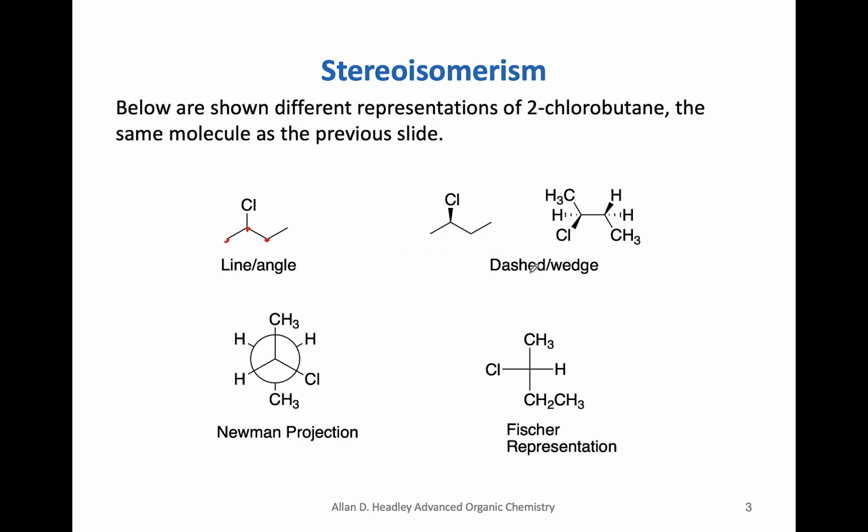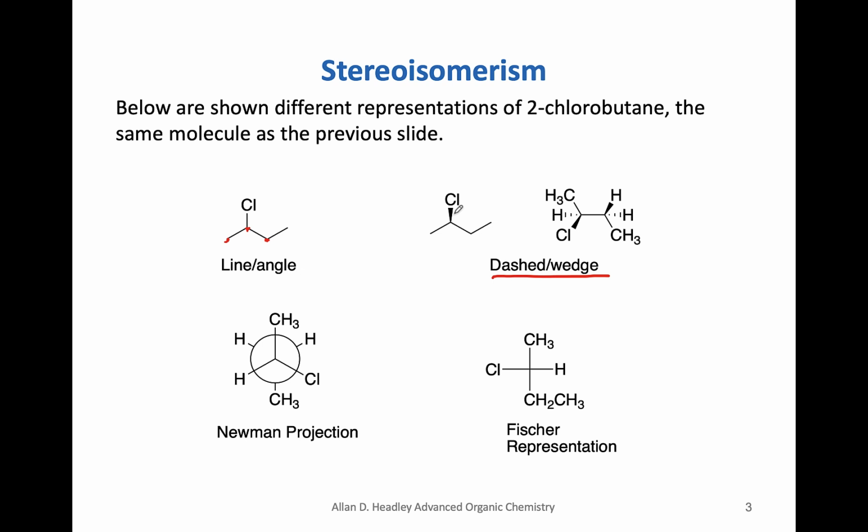Another representation that's frequently used in organic chemistry is the dashed wedge representation, where of course, as you will recall from your sophomore organic, the dash and the wedge represent the different orientation of the groups in the plane, or behind the plane, or in front of the plane.